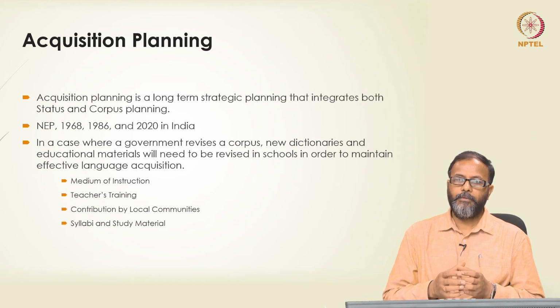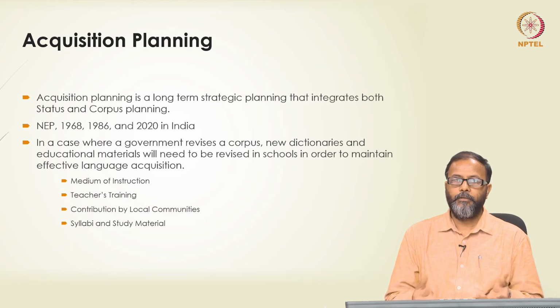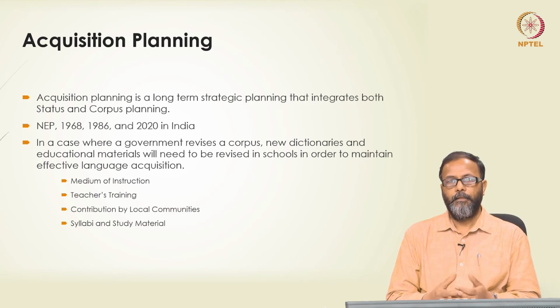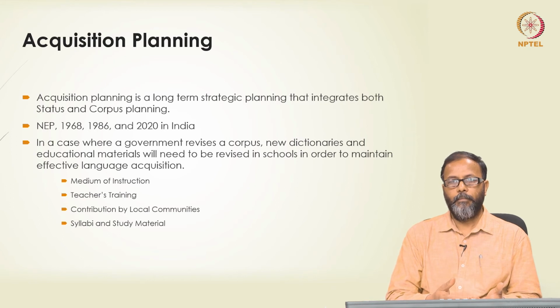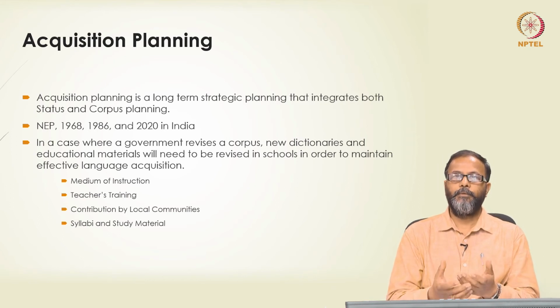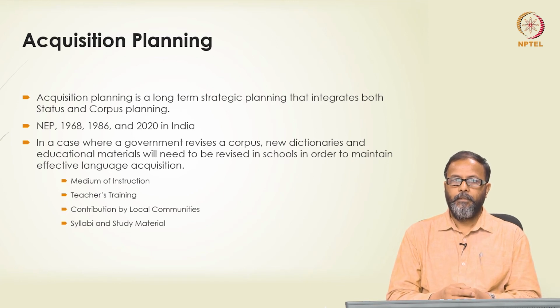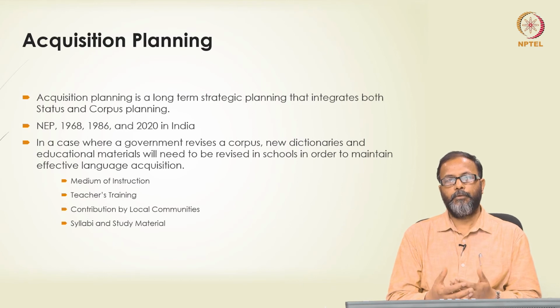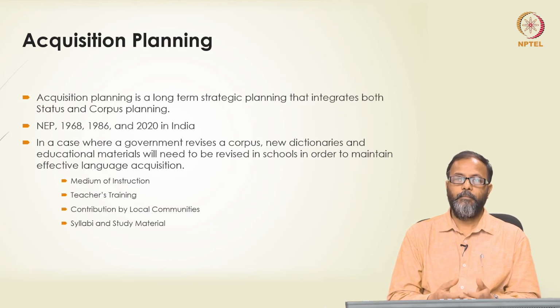Acquisition planning refers to creating a fresh generation of users in that language, and we do it by introducing this variety to education, early education, right? We popularize and use it in school curriculum, syllabi, we teach it as a subject, or it may become medium of instruction.